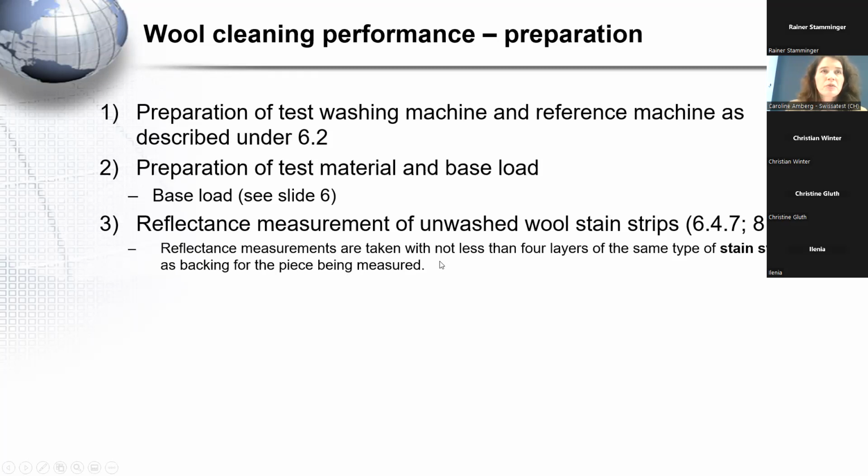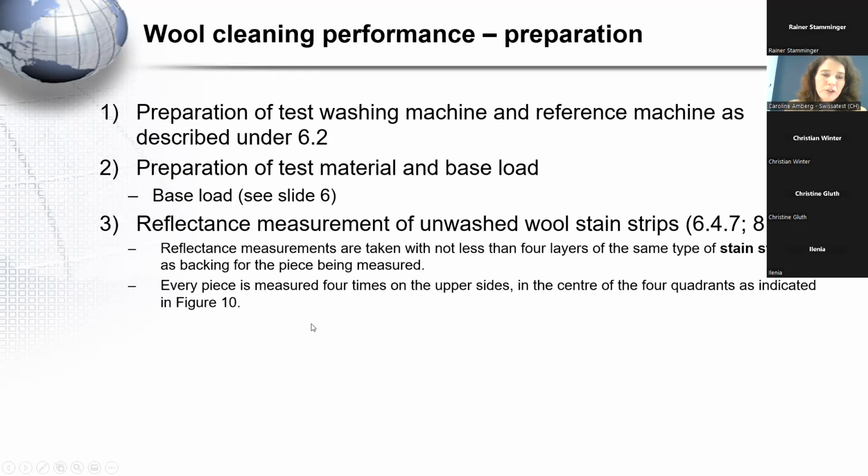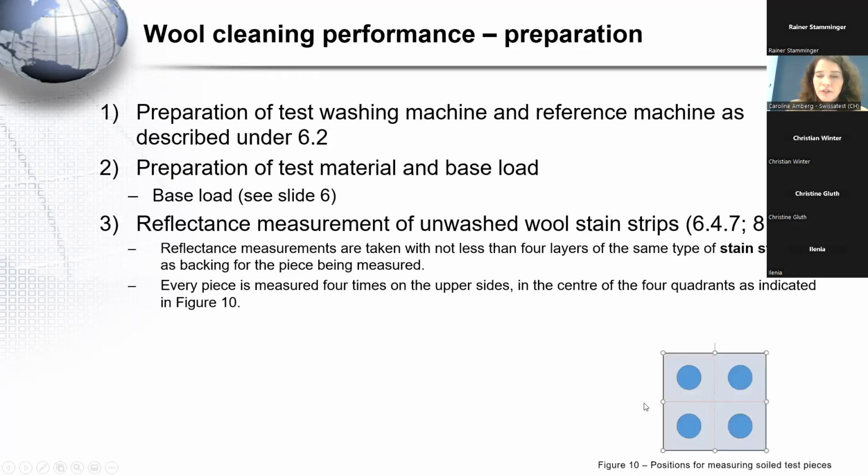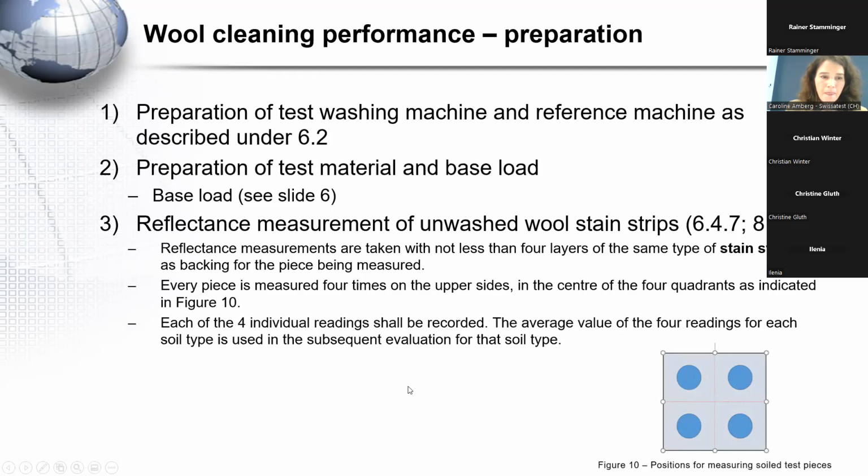So you lay several wool stain strips on each other, and then you measure every piece, every stain swatch, 4 times on the upper side in the center of these 4 quadrants, as you can see in this figure on the right-hand side. For the round robin, each of these 4 individual readings shall be recorded, but you can also use the average value of these 4 readings as a result.